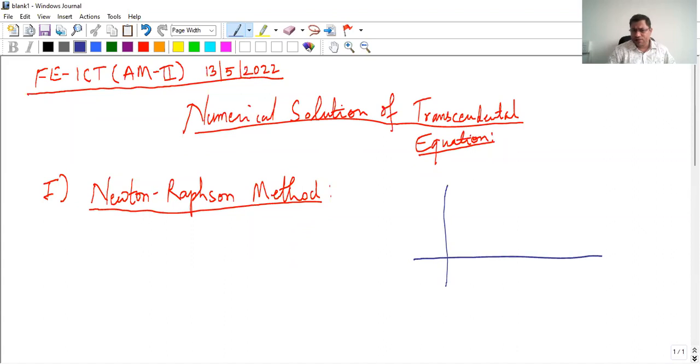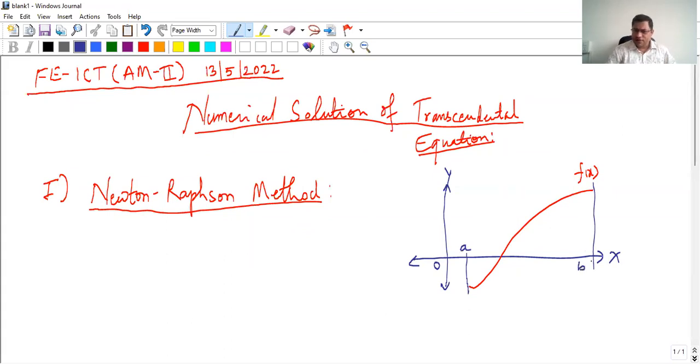So we have our equation. This is going to be the x-axis, y-axis, and origin. Suppose we have a function, this is f of x. Now we have the interval a to b.